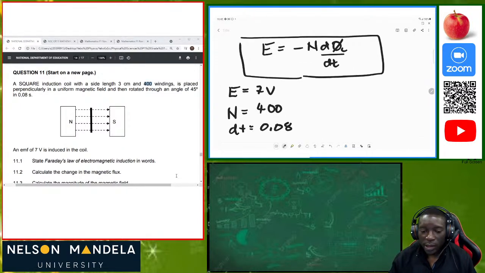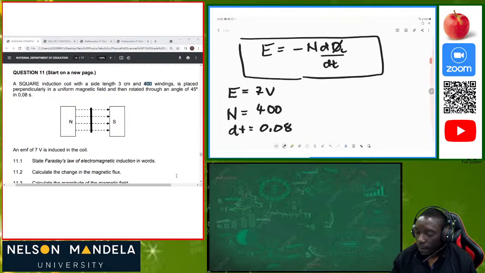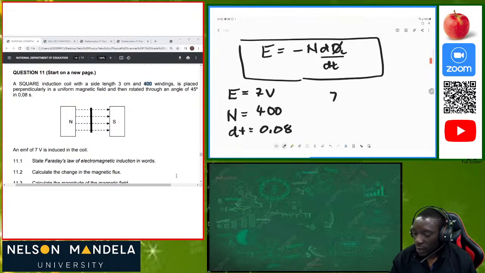So what we want is dΦ. We're saying 7 equals negative 400 times dΦ over dt, 0.08.